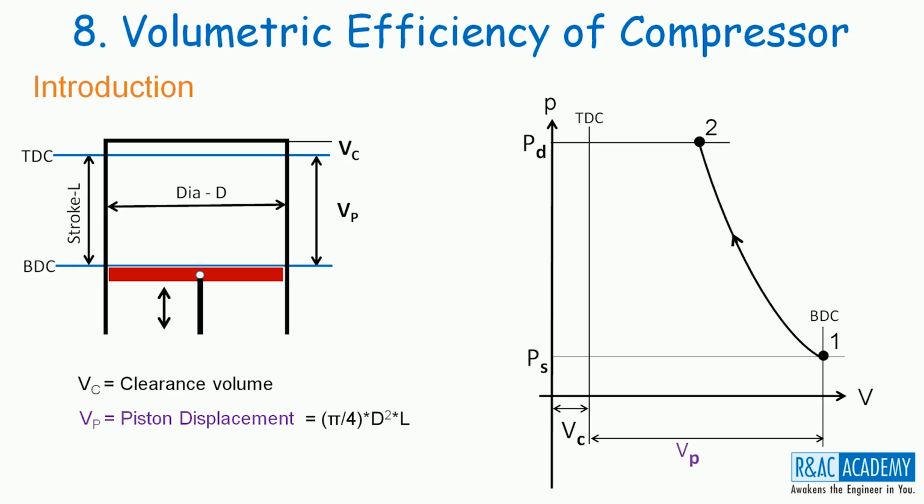Any further movement of the piston towards TDC beyond state point 2 would not result in an increase of the pressure of the refrigerant. Instead, the refrigerant at pressure PD would start getting discharged into the discharge manifold. And when state point 3 is attained, the piston reaches TDC.